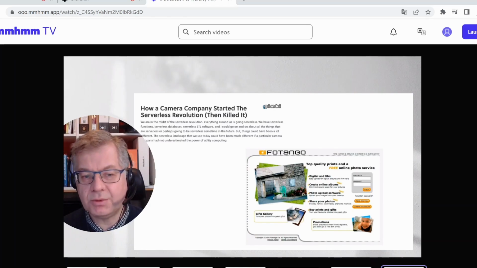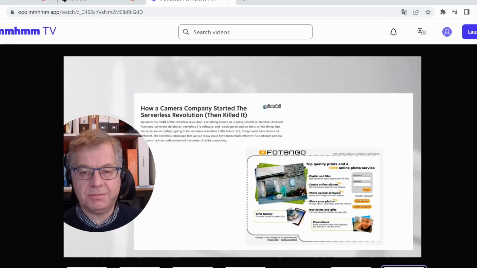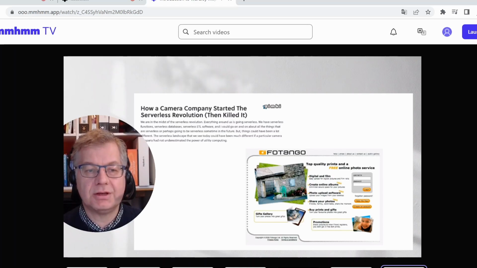And Simon was thinking about what would be the next logical step for Fotango, and he realized the potential for serverless, and that in order to get a high adoption of this new serverless cloud technology, they should open source the core technology and build new applications on top of it.